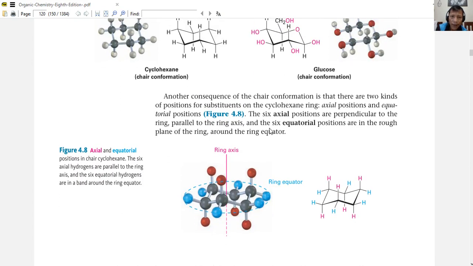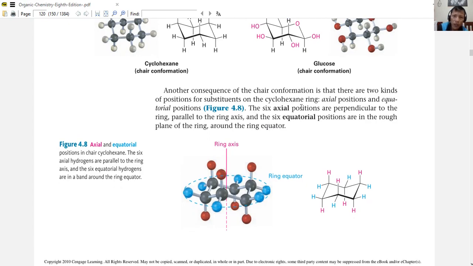Then it is being explained what is meant by axial and equatorial positions. Meaning on the chair conformation, when you have an axis, it's usually talking about these atoms here. Those that are usually drawn at the top are called in an axial position. So this is where the cis and trans comes in with the discussion, because those that are on the upper side are called axial positions, and those on the equator, we call equatorial positions.